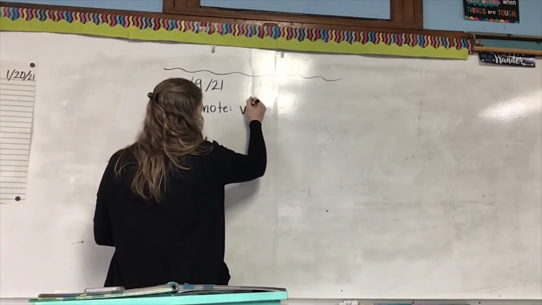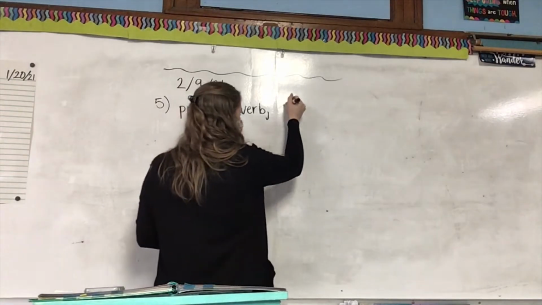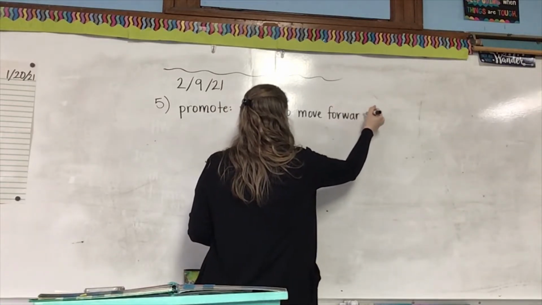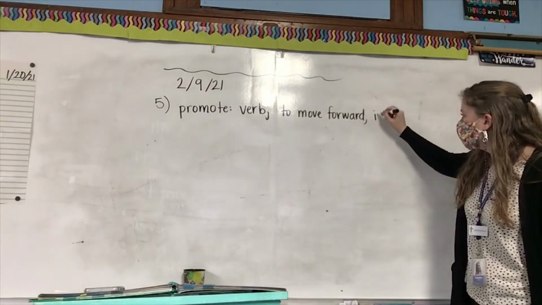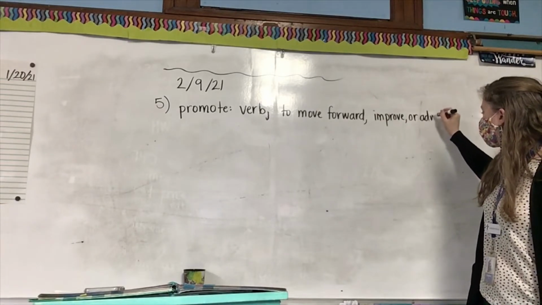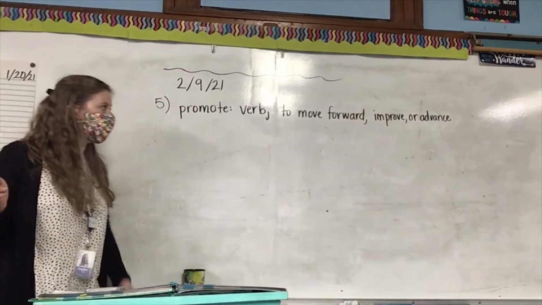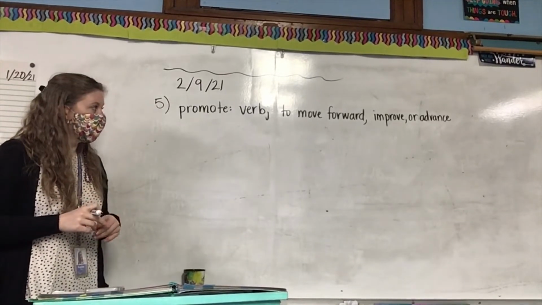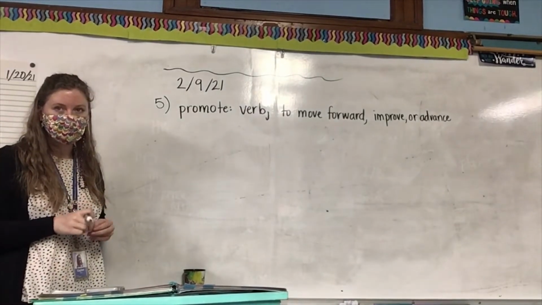Promote is a verb, and it means to move forward, improve, or advance. So promote is a verb that means to move forward, improve, or advance. If you do well in 4th grade, you will be promoted to 5th grade. There it is in context.